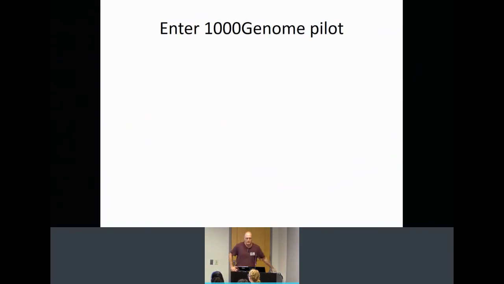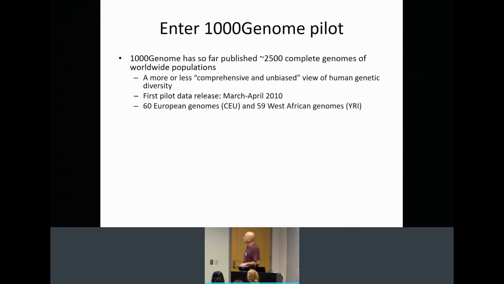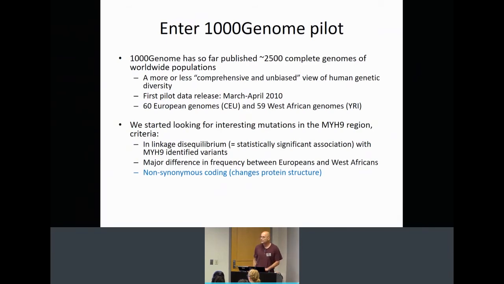So 1,000 Genomes is a way to not depend on HapMap for finding variants, to be able to find your own variants. Around March, April 2010, the first pilot data of the 1,000 Genomes Project came out, and it was 60 European genomes and 59 West African genomes. And once you start to look in there, you suddenly see completely different things.